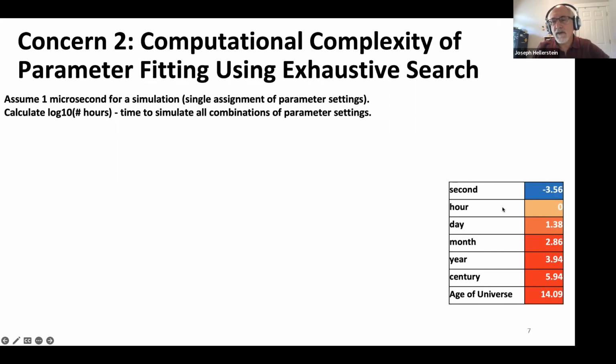If the run takes an hour, you have a 0. If it's a second, it's a negative value because we're talking about logarithms, so this is a logarithm of a fraction. Here we go: a day, a month, a year, a century, the age of the universe, which is about 14 billion years. So you can see where that's going. You can probably already paint the picture yourself.